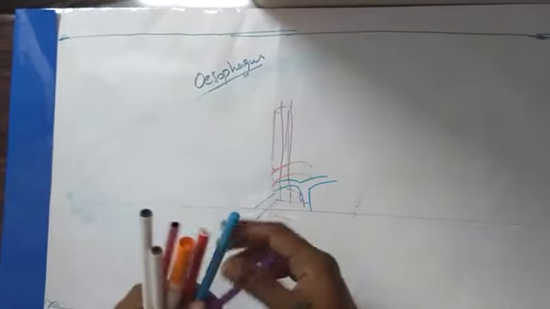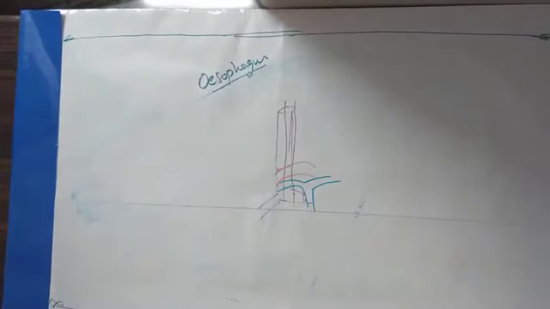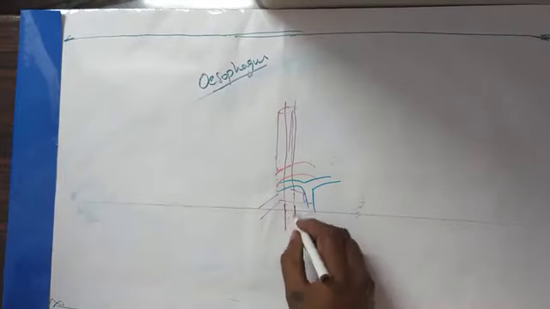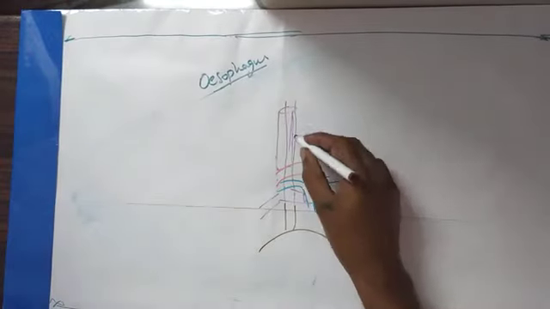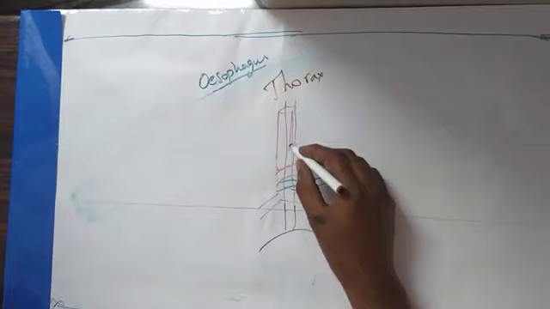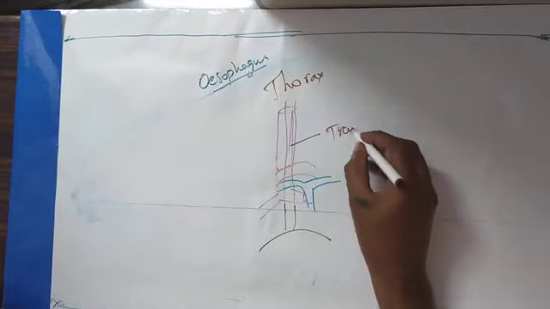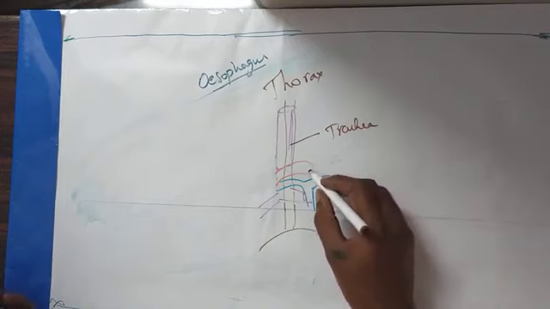At last this esophagus is passing through the diaphragm, right? So what are the relations anterior to this esophagus in the thoracic region? First thing is trachea. These relations are from above downward.